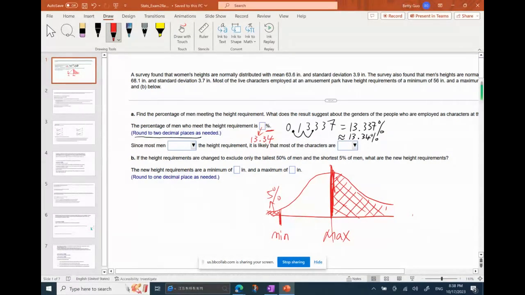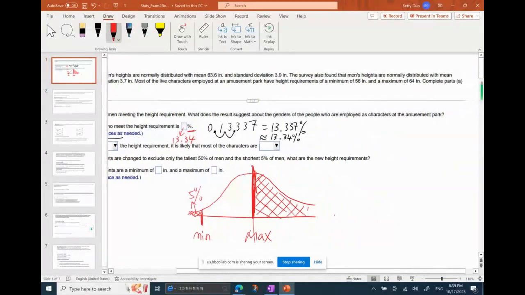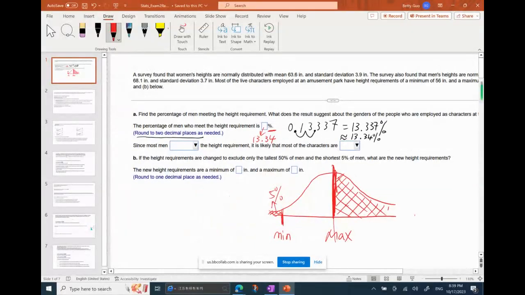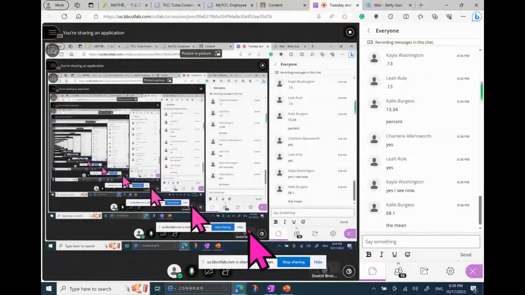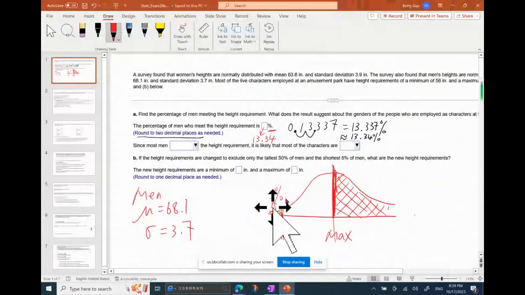Okay, let me organize the information here. The men have the mean 68.1, sigma is 3.7. So do you agree the maximum is 68.1 inches? Awesome, exactly. The mean, the center. Very good.